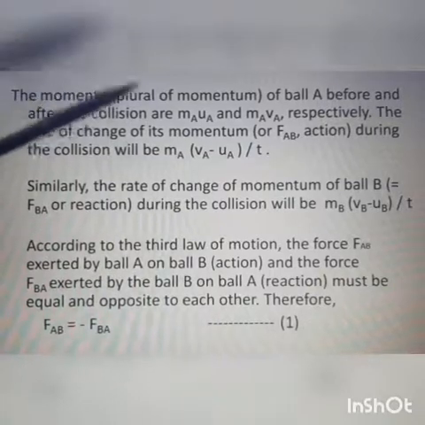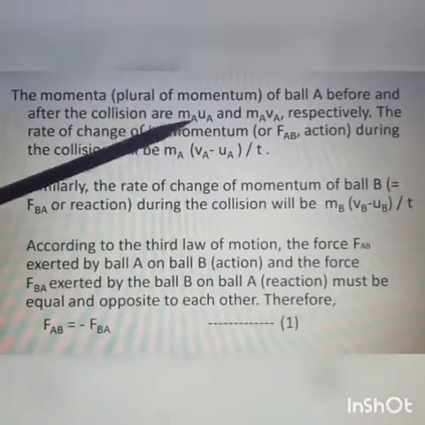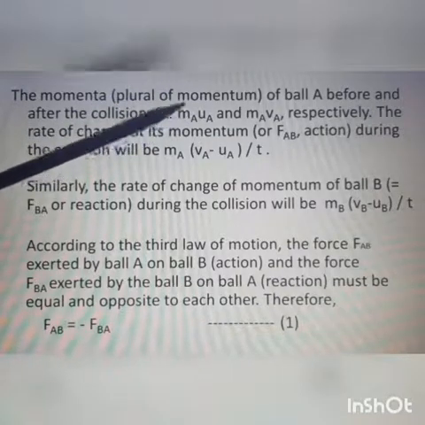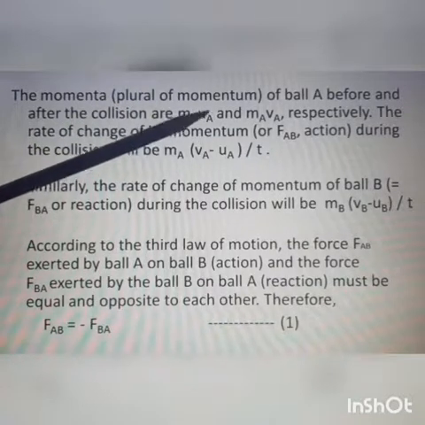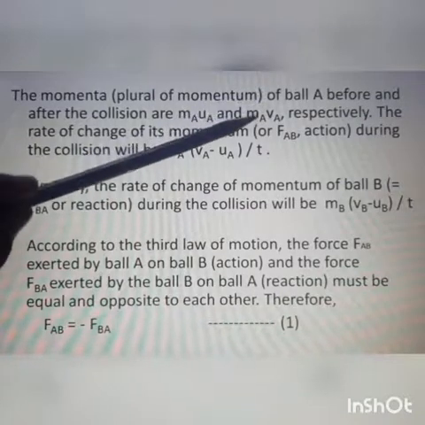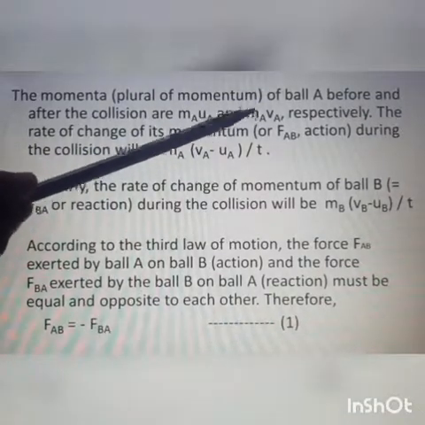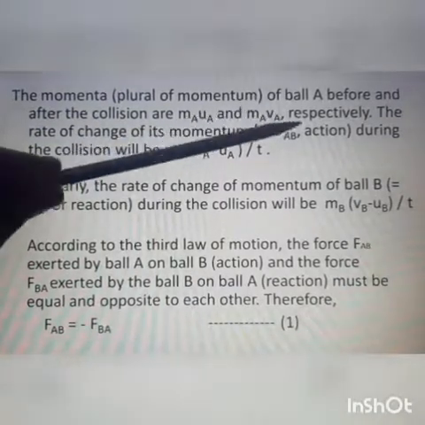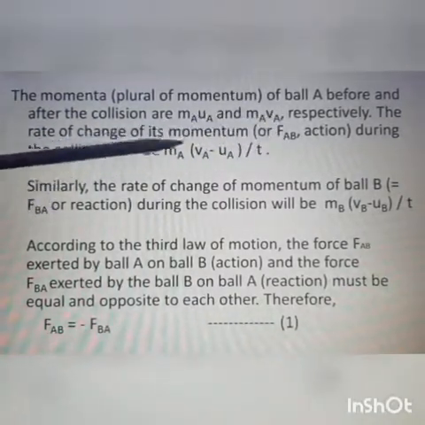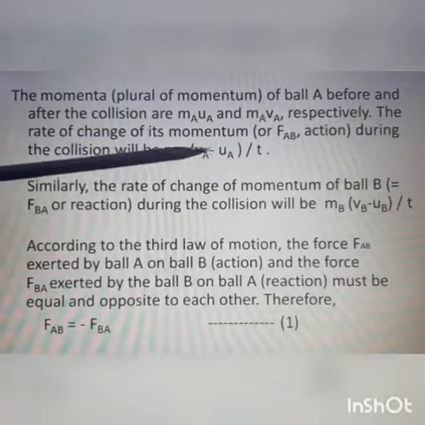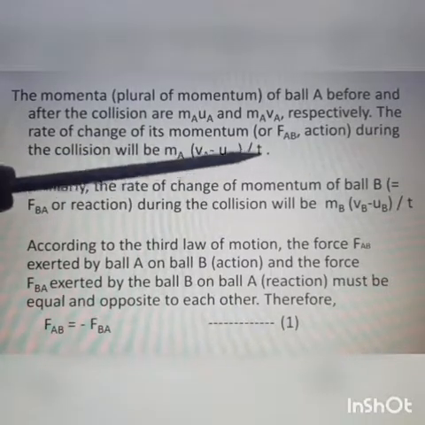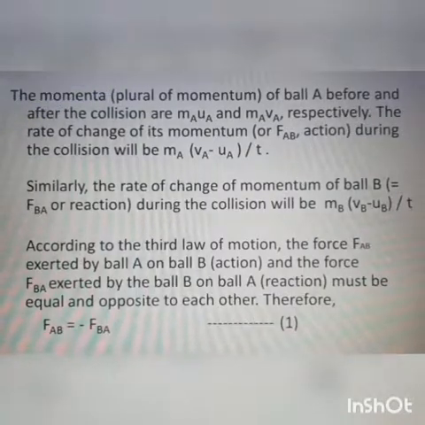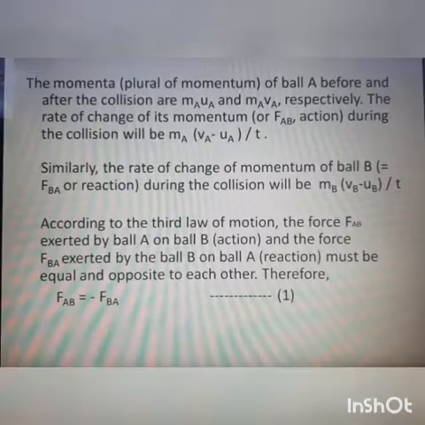In order to find FAB, we need to find the momentum of body A before collision, that is MAUA, and its momentum after collision, that is MAVA. So we find FAB to be MA(VA minus UA) by t, by the definition of force, that is rate of change of momentum.